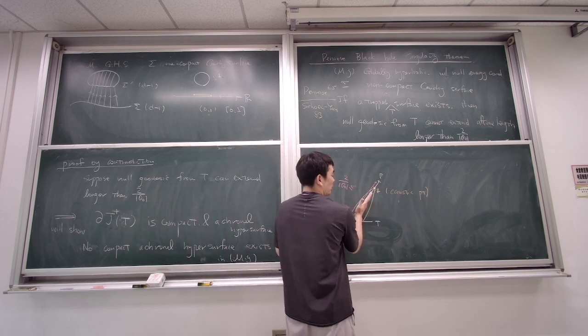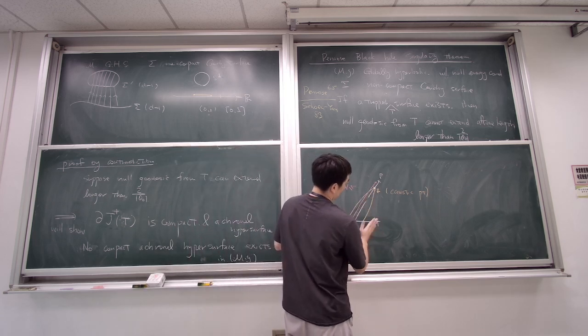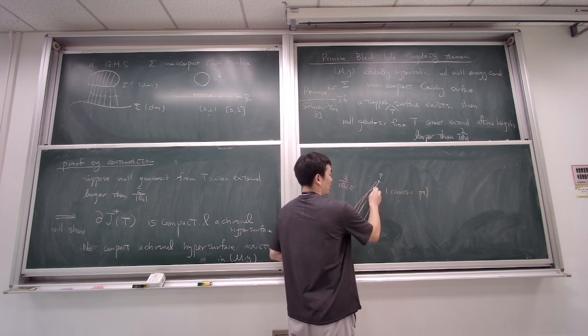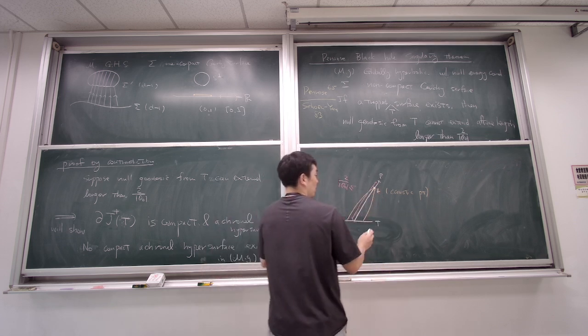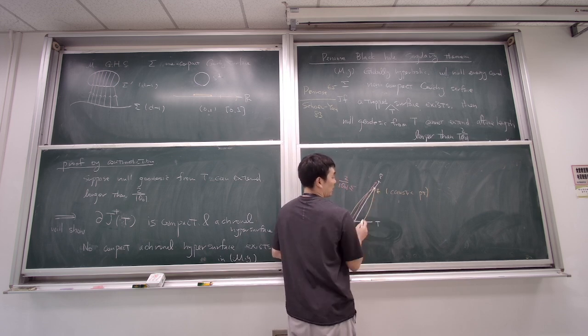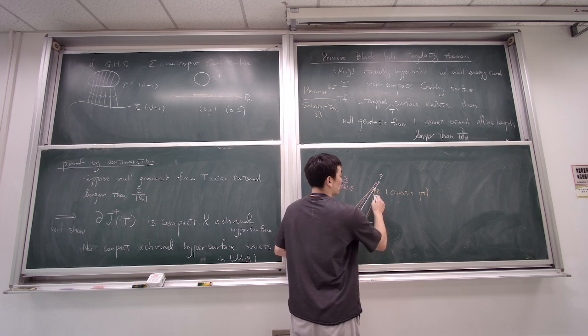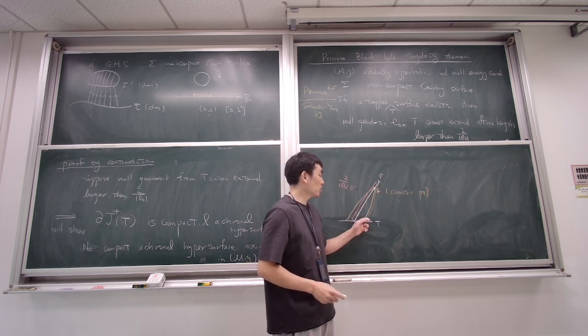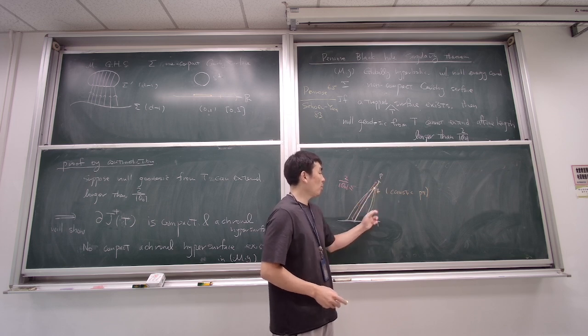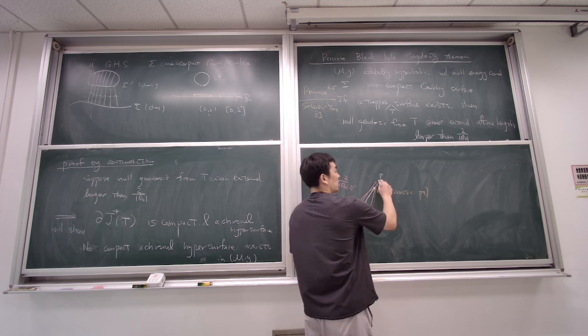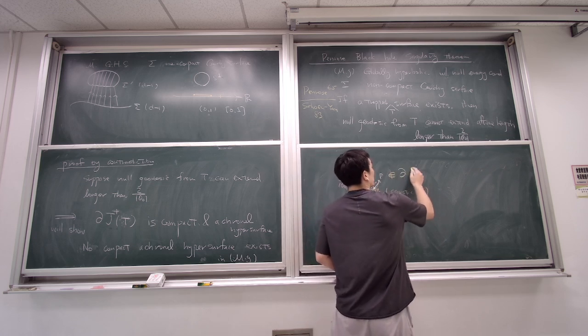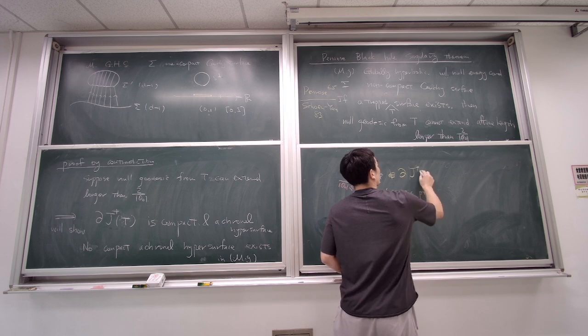So you slide this null geodesic to the orange one, and then you find there's a kink. Therefore the yellow one, this smoother one, has a longer length. This point and this point, connected by a timelike curve, have a longer length. Do you understand what I mean? Therefore, this point is not inside the boundary of J plus.